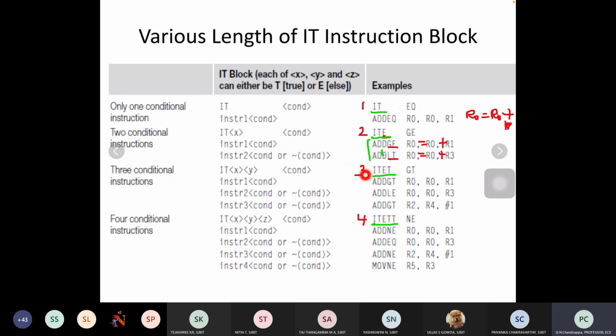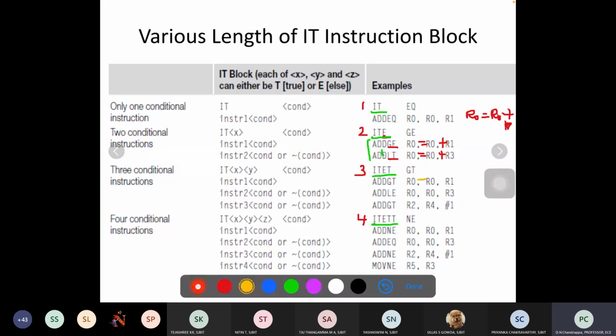Yeah, now I'll come to that. If, then, else, then, the condition greater than is given. If it is greater than, go to ADD-GT. Yes, first instruction, if this is satisfied, GT goes to ADD-GT, R0 is equal to R0 plus R1, if the condition is satisfied.